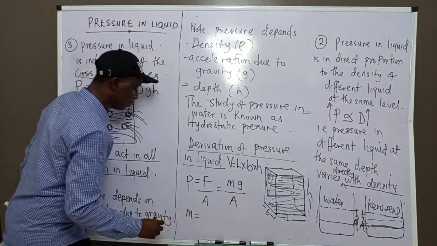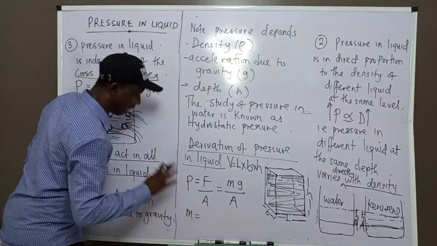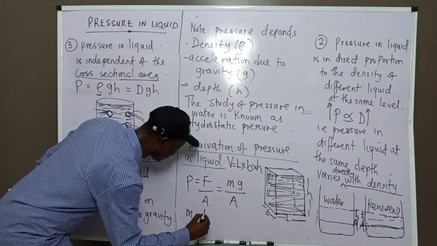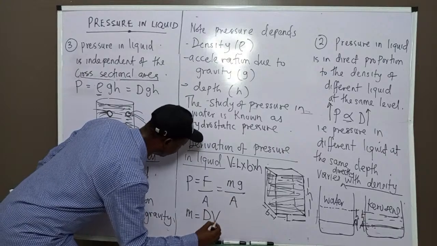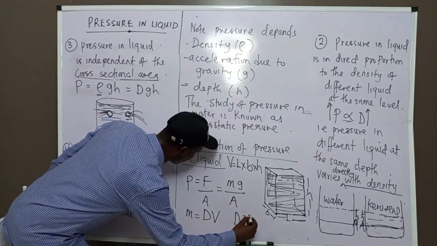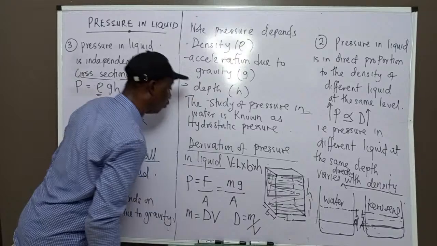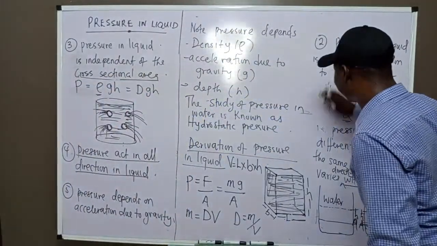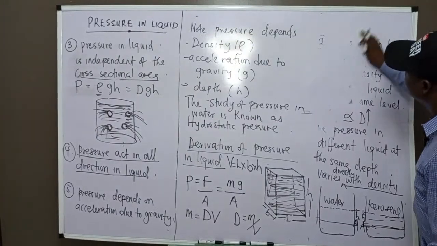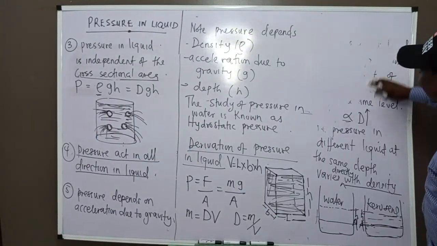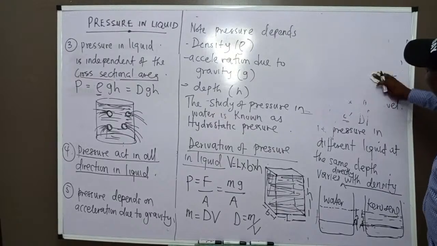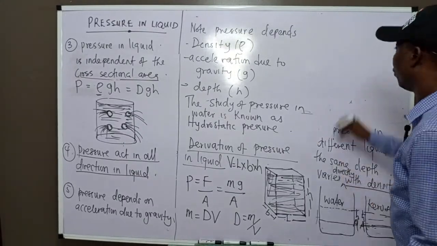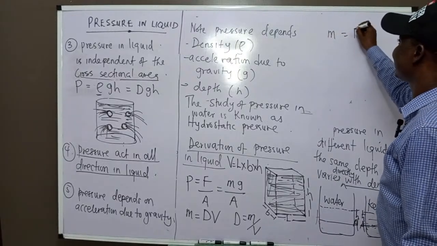Now, from the knowledge of density that we have also treated, go and watch the density video. Recall that density is equal to mass over volume. If you make mass the subject of the formula, we have mass equal to density times volume.